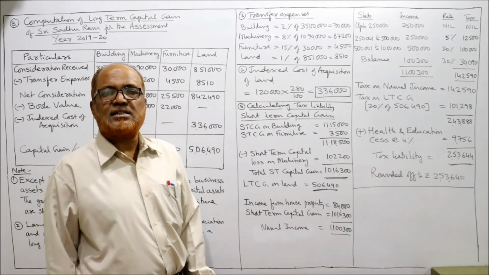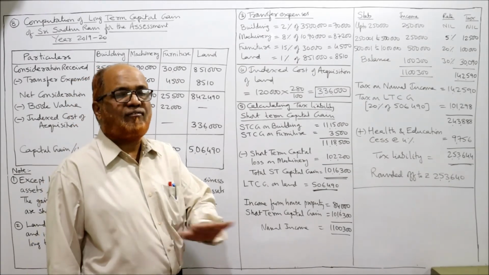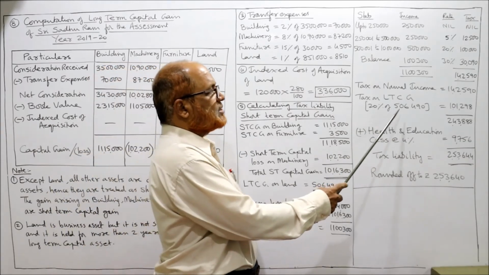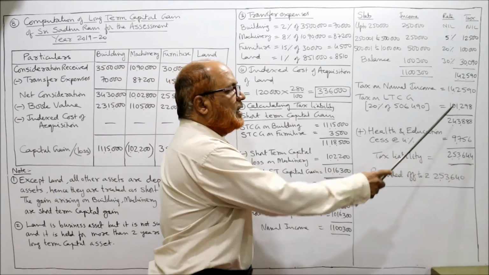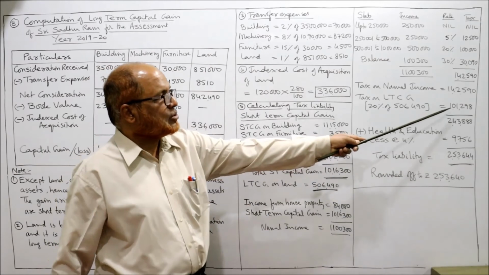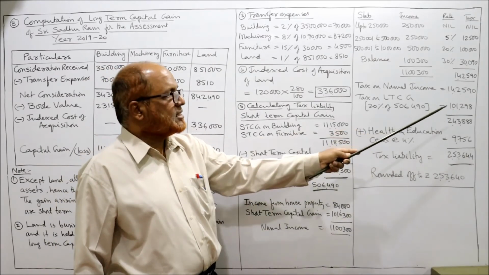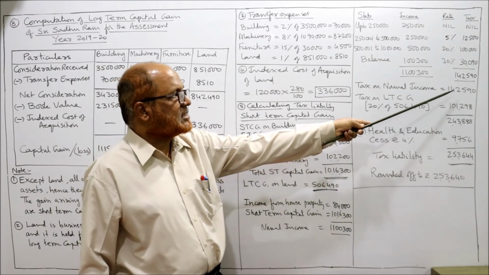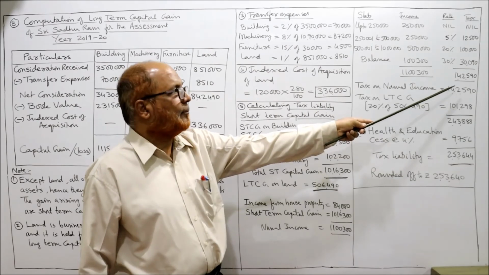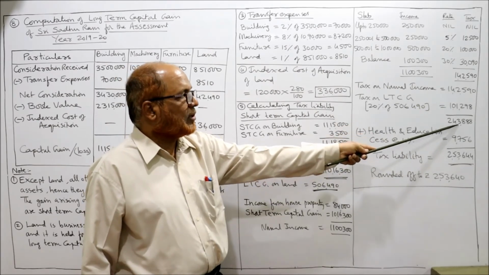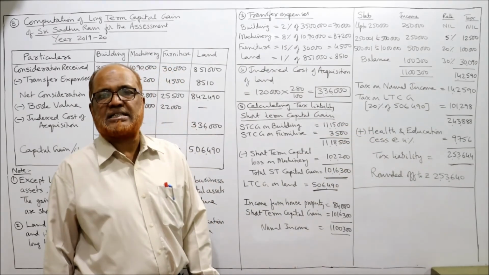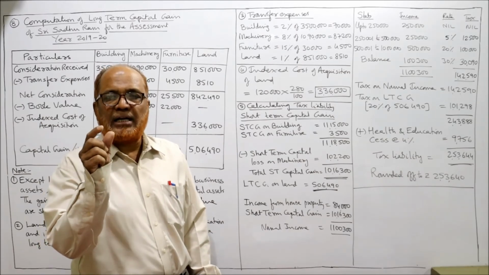On this LTCG, 20% is the flat rate. So 20% of 5,06,490 comes to 1,01,298. This is the tax on LTCG and this is the tax on normal income. Take the total, 2,43,888. This is the total tax.